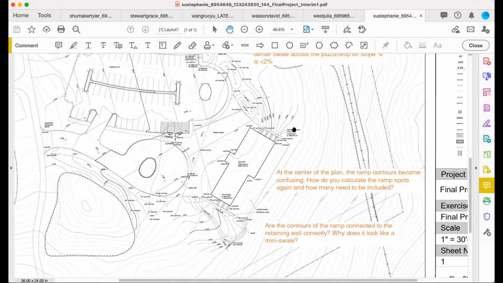Are the contours of the ramp connected correctly? I would say the design of the ramp is not yet ideal, because if you are on a ramp and you see the plaza, I would bet that at least my kid, when they saw something, that's where they go. So you would want to avoid going down and then going back to the plaza.